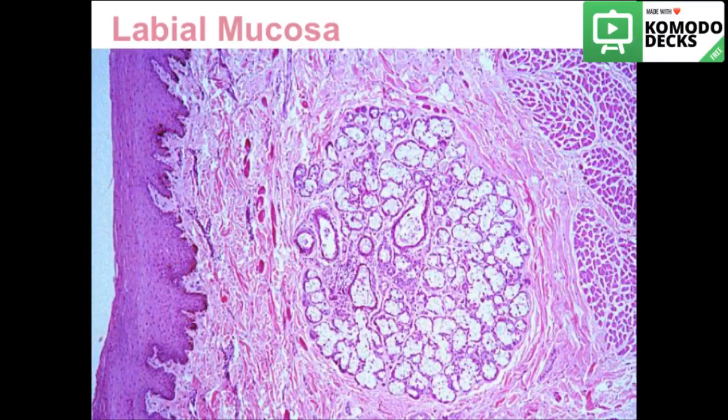The connective tissue of the labial mucosa has dense collagen fibers binding to the orbicularis oris muscle. The submucosa contains many salivary glands. The lamina propria is short and has short papilla.